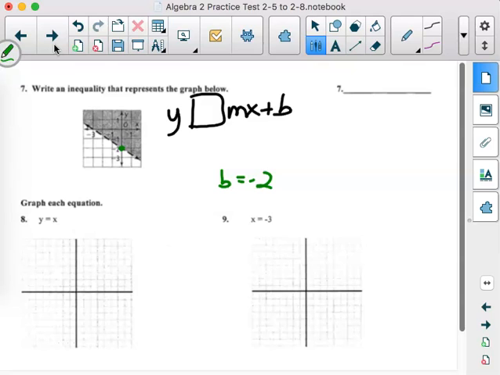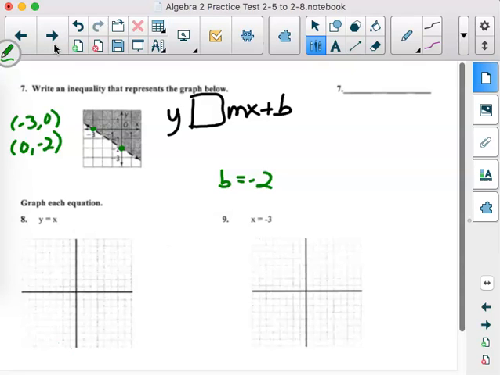Now, if you're having trouble, we've talked about this before with the visual thing with slope. You could always say, oh, it goes through this one, and it goes through this one, and then find the slope, average rate of change: y2 minus y1 over x2 minus x1. You get the same thing.